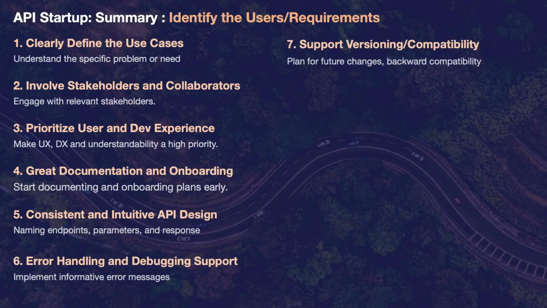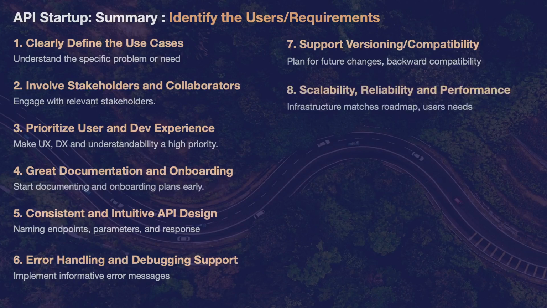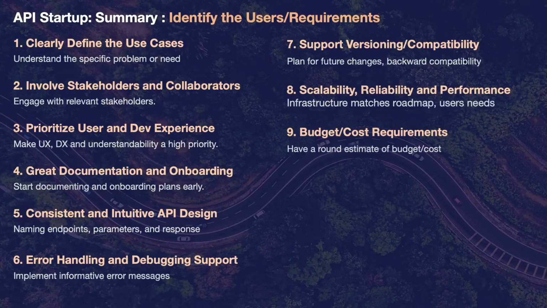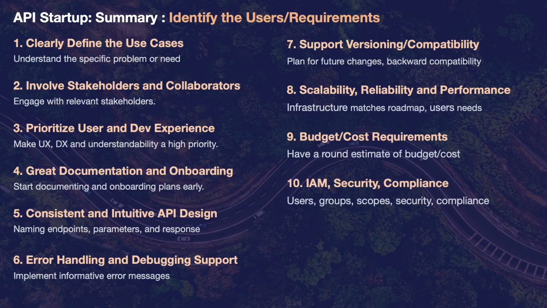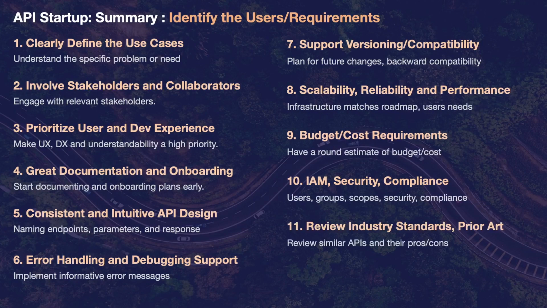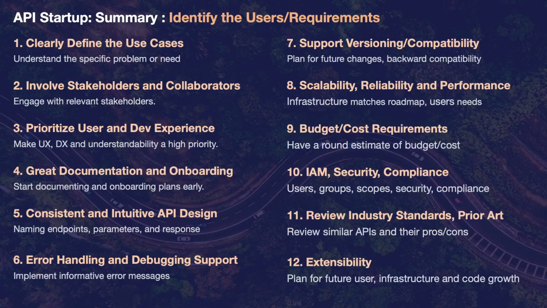Support versioning and compatibility. 8. Scalability, reliability, and performance. 9. Budget cost requirements. 10. IAM security and compliance. 11. Review industry standards and prior art. 12. Extensibility. Plan for future user infrastructure and code growth.